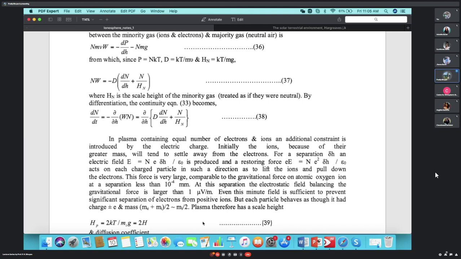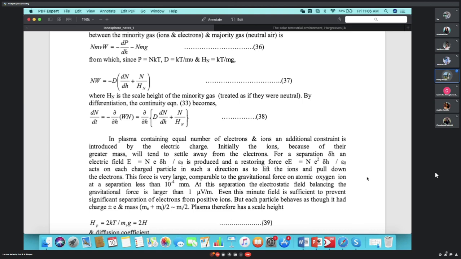So the electric field is sufficient to prevent significant separation of electrons from positive ions. Otherwise, there could have been an electron plasma and an ionic plasma within the ionosphere, but it is not the case.